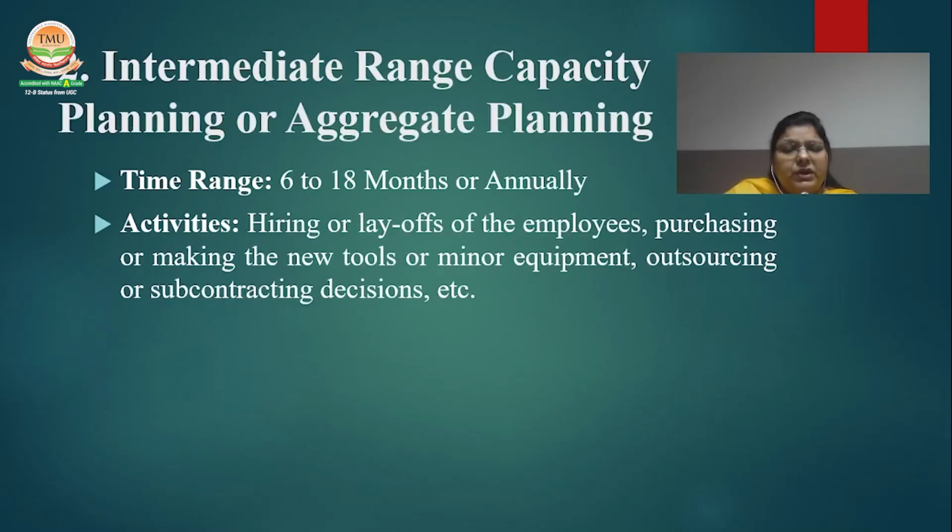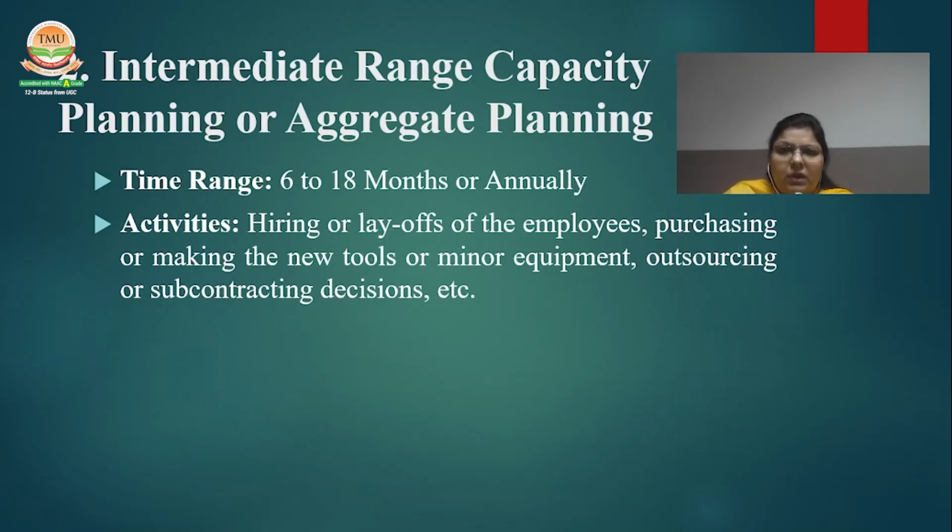Next, what is intermediate range capacity planning? Intermediate range means the time period is a little bit more than short term planning. The time of this particular capacity planning is 6 to 18 months, or annually.